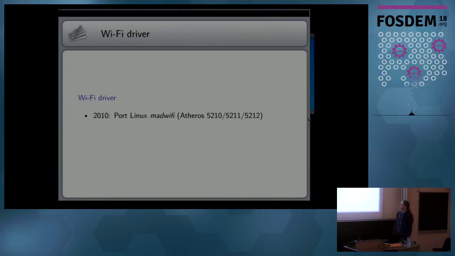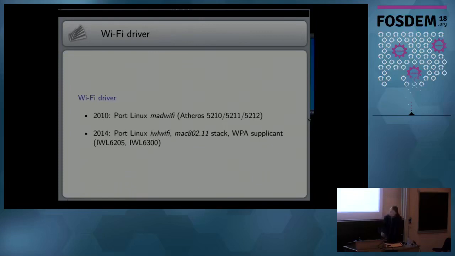And over the years, it came up that we wanted these Intel Wi-Fi cards to be supported, and this was enabled with the port of iwlwifi, and we took this as an opportunity to also port the whole Wi-Fi stack of Linux.